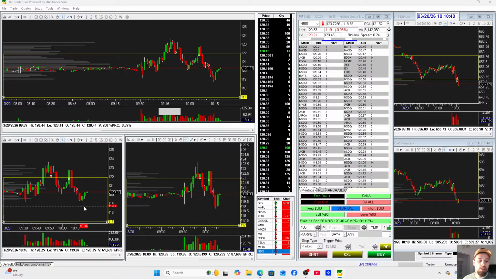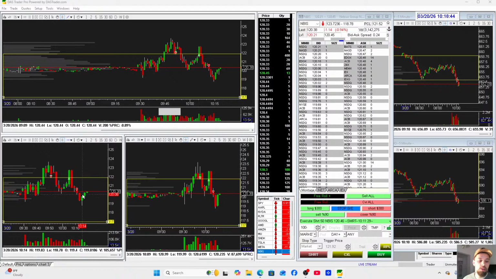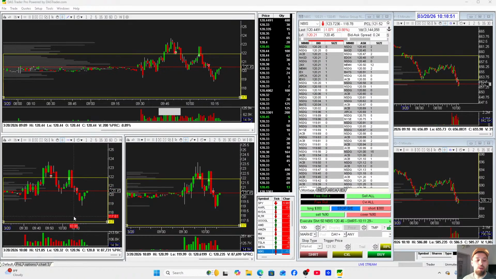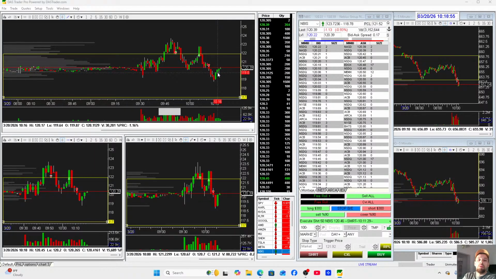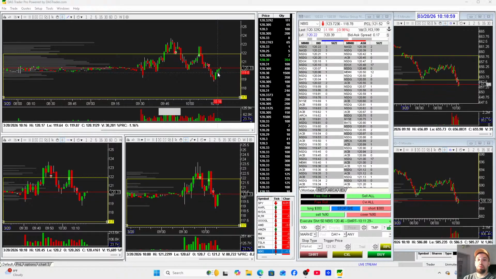Pulling back up here, but volume's decreasing here, which is nice. I don't want to keep moving up a whole lot, but buying pressure seems to be going down as price moves up, so where's the sticky point? Hopefully it's right here. And then we make another leg down.